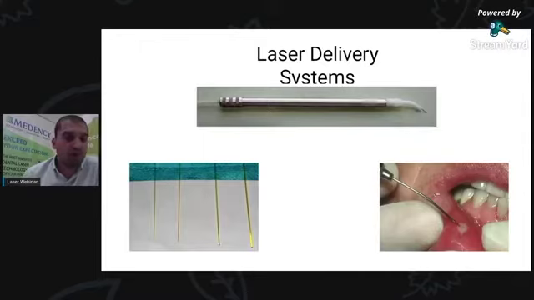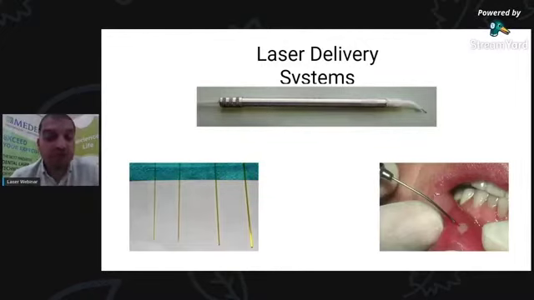Why do we have the three sizes? What can we benefit from it? Simple equation: as we go larger in diameter, we lose some flexibility, and we also have more energy from this tip. Let us make it simple.